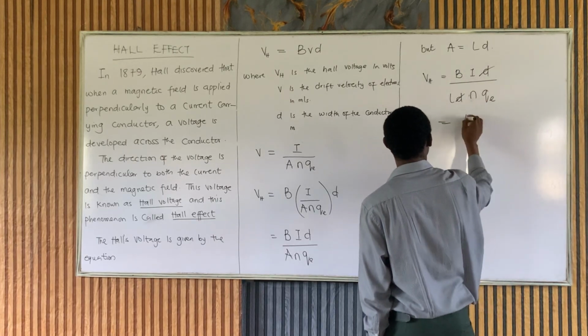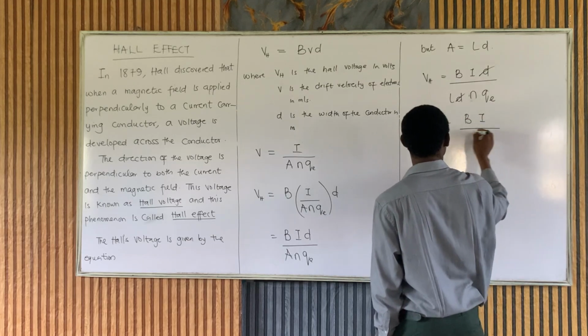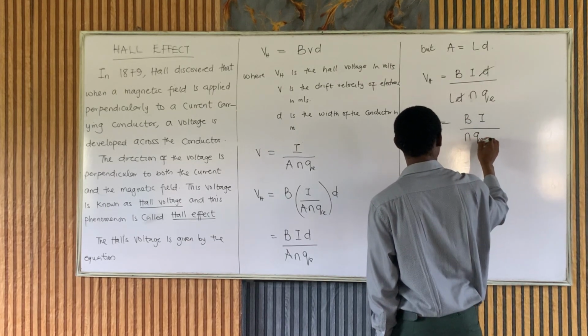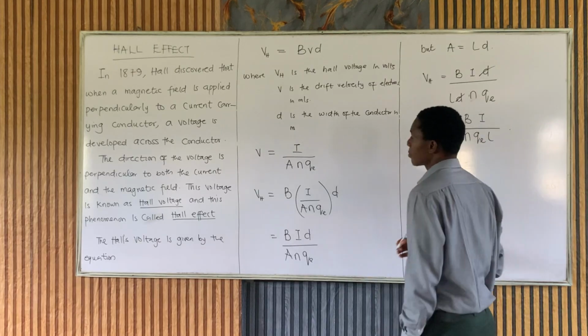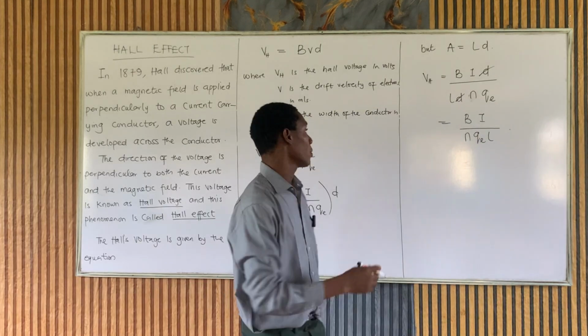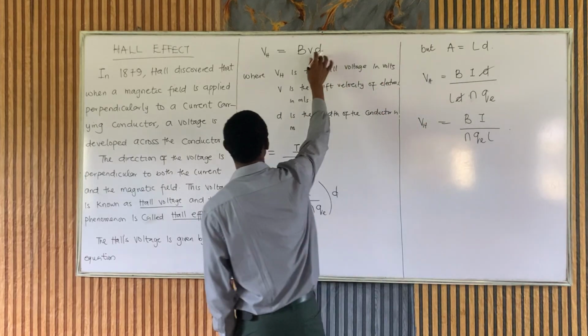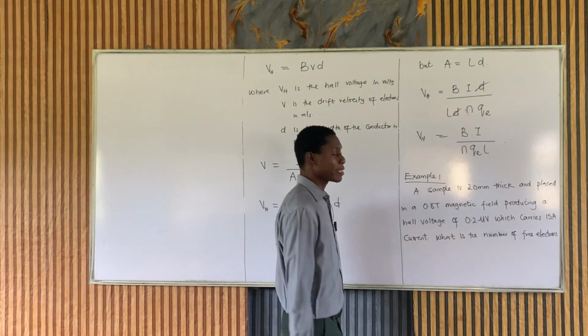So this becomes the Hall voltage. So this is our equation for Hall voltage, any of these, either this or this. So let's take an example under this now.